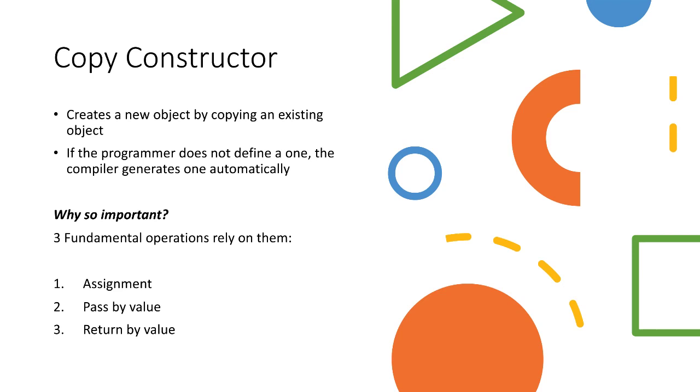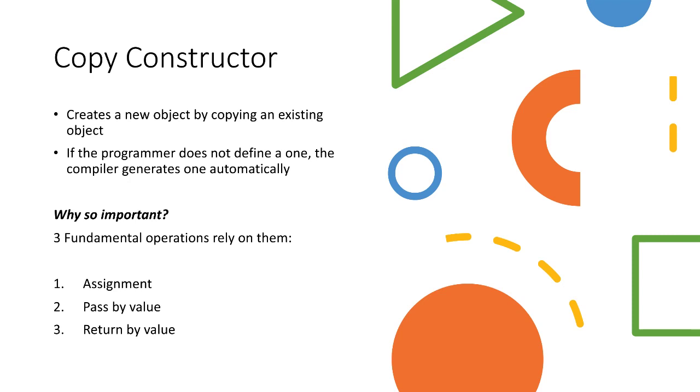So the assignment operation relies on a copy constructor. So when you're assigning your class to another class of that same type, so you say you have a person, P1, and you're assigning a P2 person to that P1, that is how we're going to use the assignment operator.